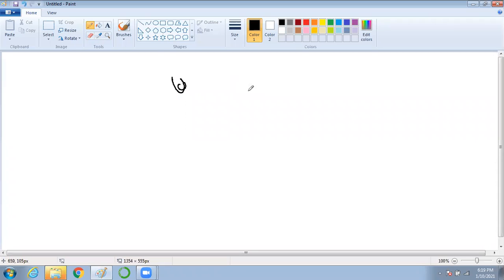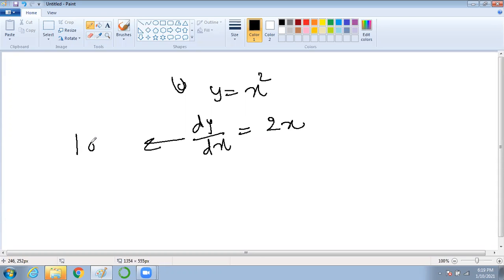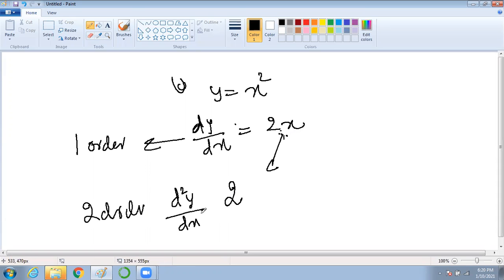See, you have an equation y is equal to x square. I say dy by dx is equal to 2x. Yes or no? This is called first order differentiation, that means only once. Again you differentiate this one. Whatever you got, differentiate again. If you differentiate again, you will get 2. This is called second order differentiation, that is d square y by dx square.